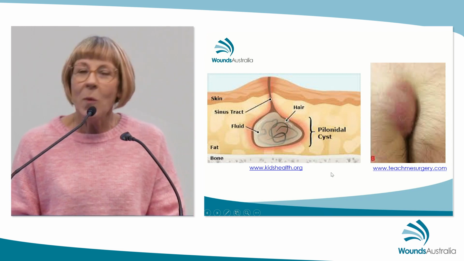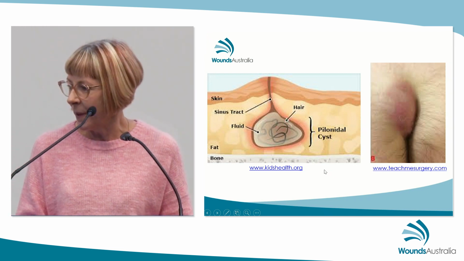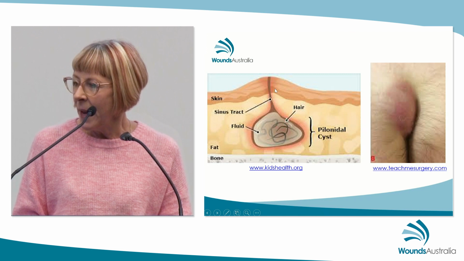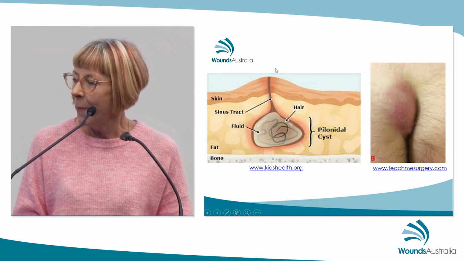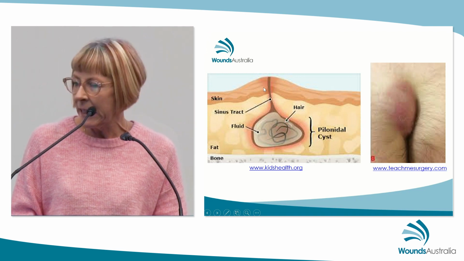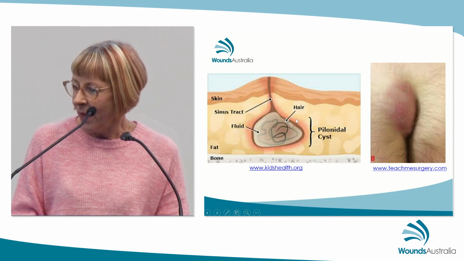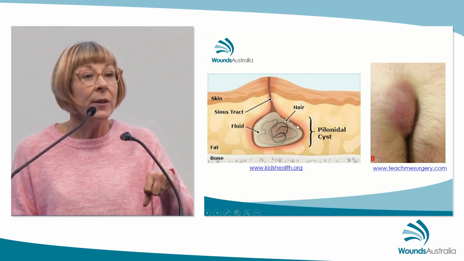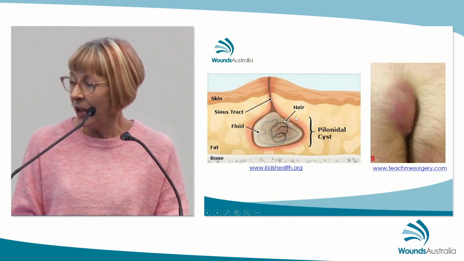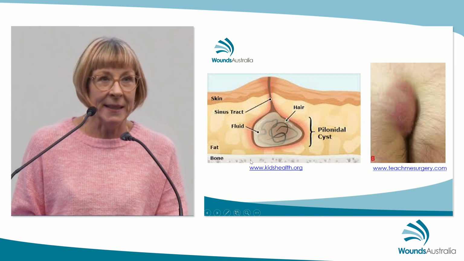All right. So what happens? And we'll talk a little bit more about this, but a hair, and I'm not going to accuse any particular hairs at this point, burrows into the skin and then it sets up an infection. It sets up a local infection because it takes bacteria with it, and causes an abscess.